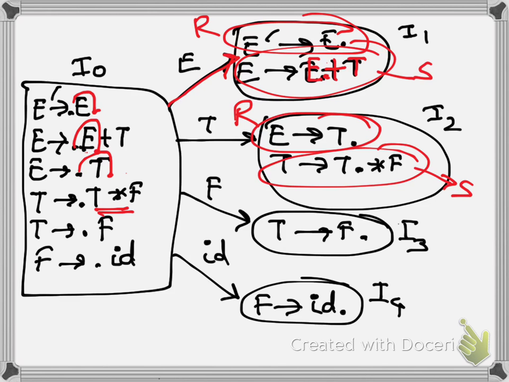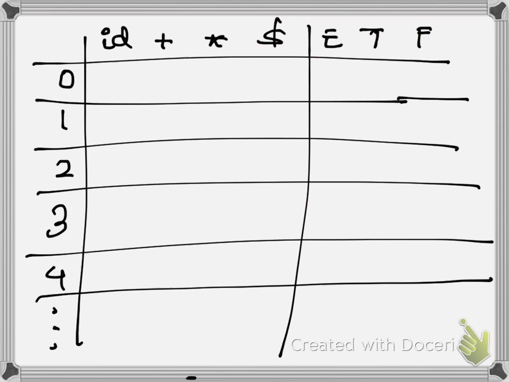So let us just write. I'm not expanding the rest of the states because it's the same method as in LR0. So we'll try to write the parsing table for these states. So I0, I1, I2 up to I4.